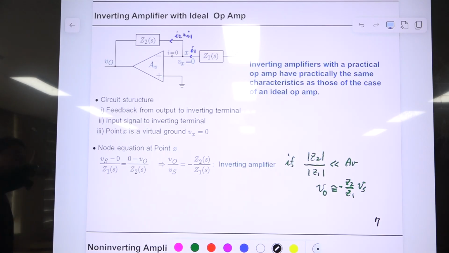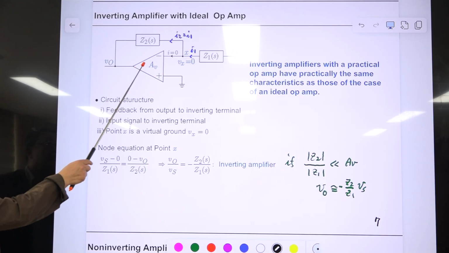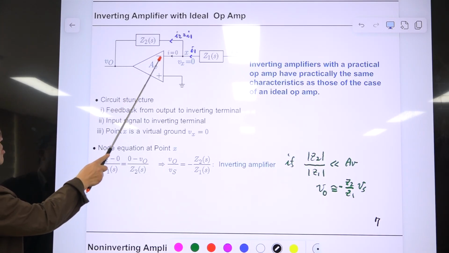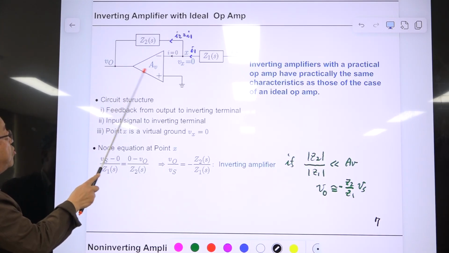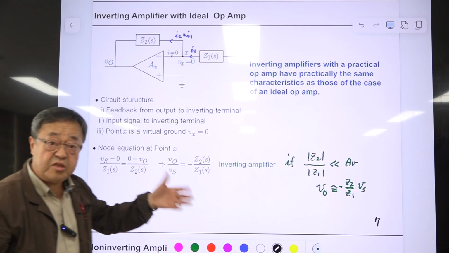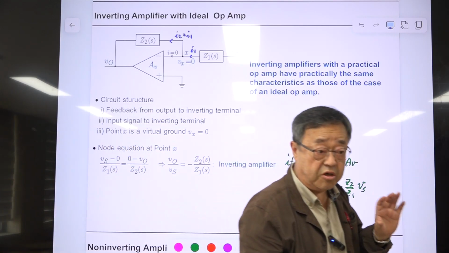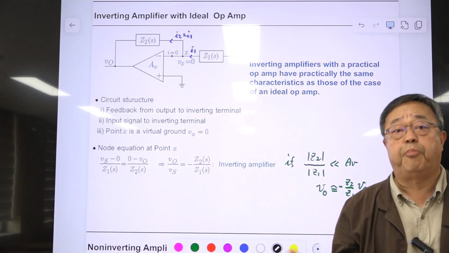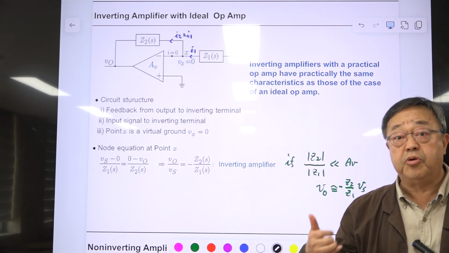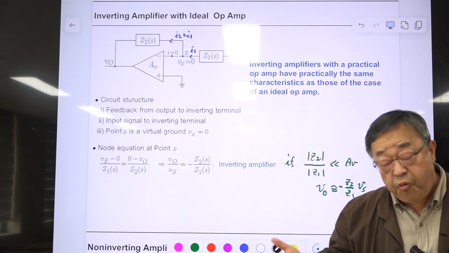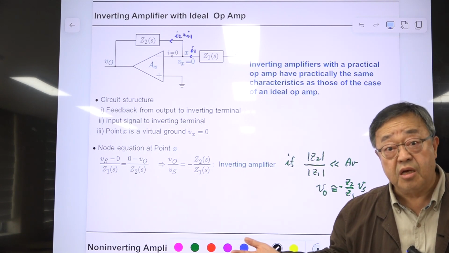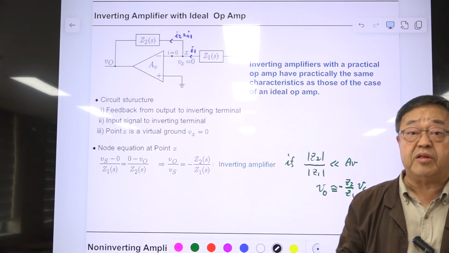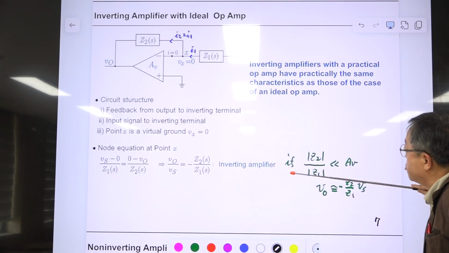If you include every non-ideality of the practical operational amplifier, finite differential gain, finite input resistance and finite output resistance, you can come up with the exact analysis of this circuit. That example appears in all the sophomore-level electronics textbooks.